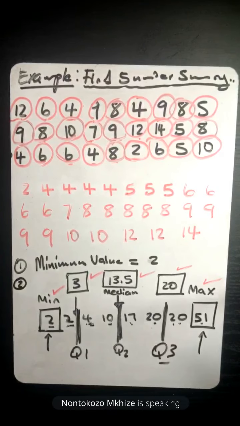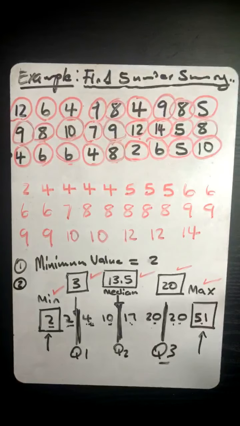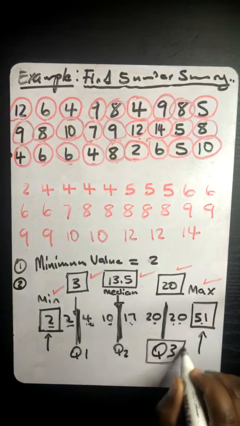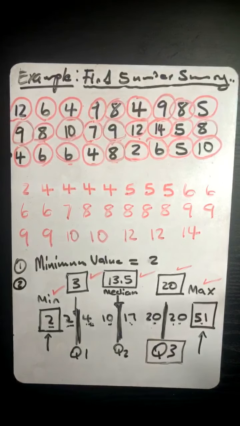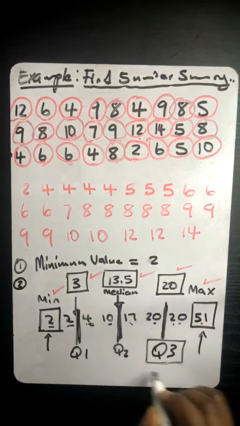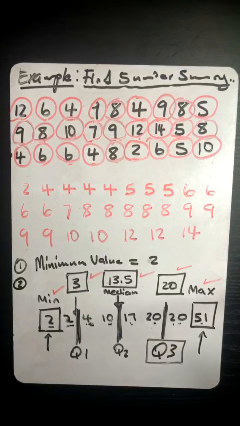I got 7.5. She's getting 7.5. Is it correct? For Q3, what did you get? I got 9. Oh, no, that was the median.